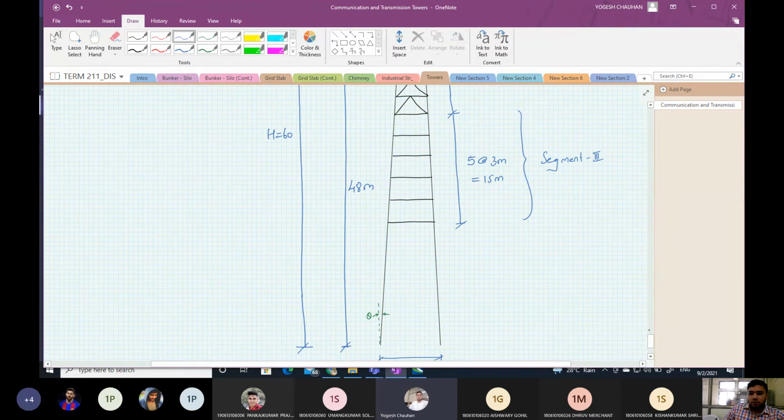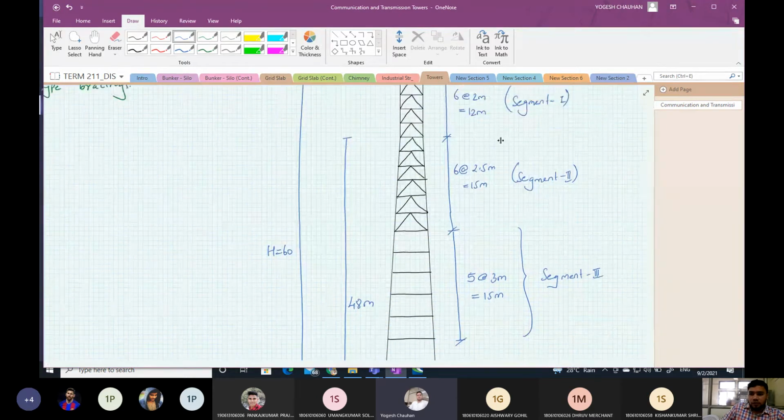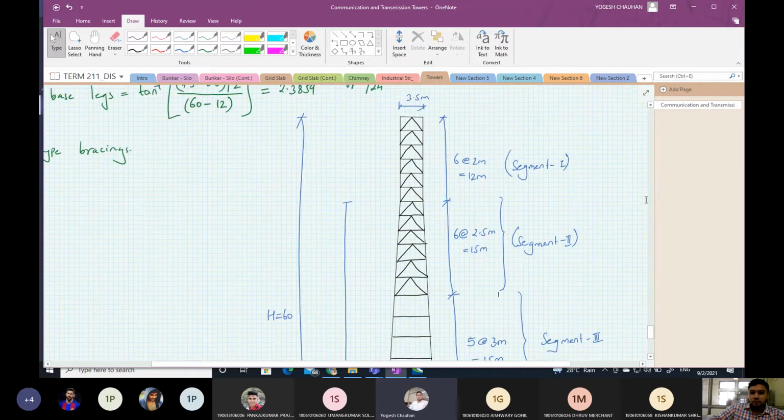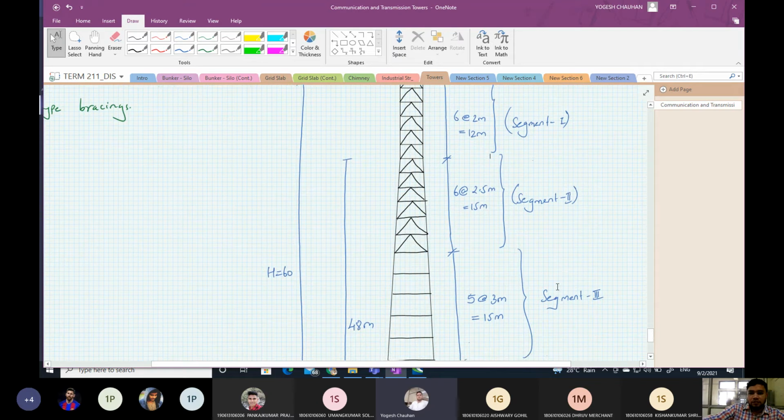We will be grouping the segments and then analyzing them, because it would be tedious to analyze each of the panels. So this is the first set of panels, segment 1, second set of panels, and this is the third set of panels.